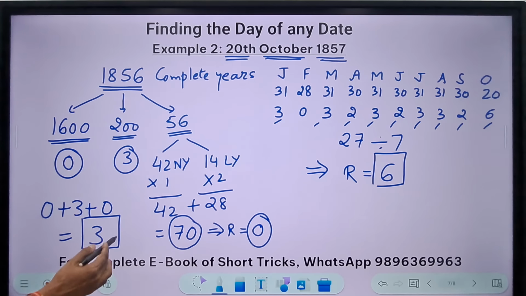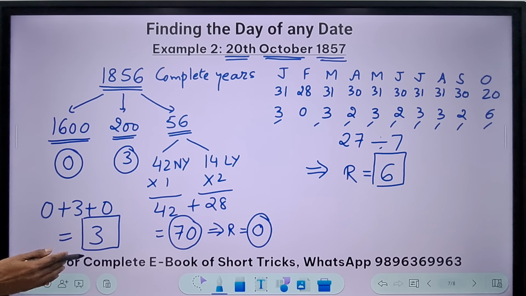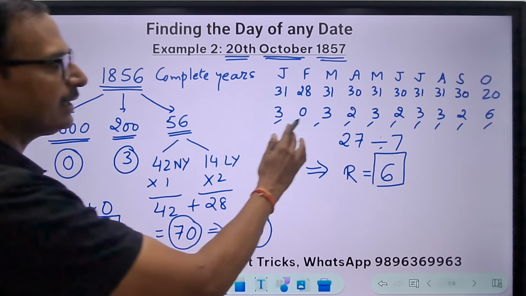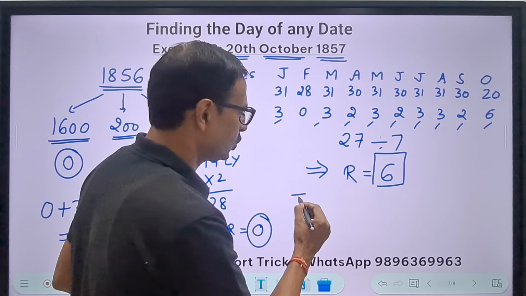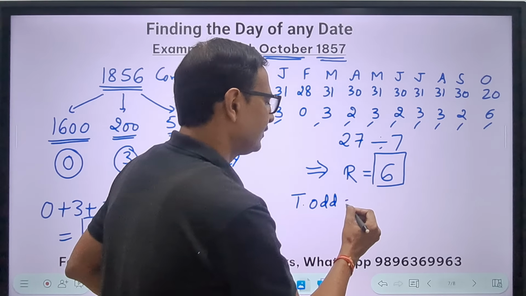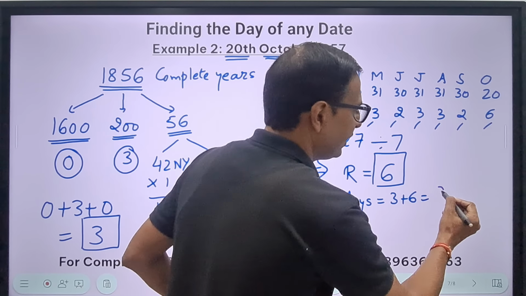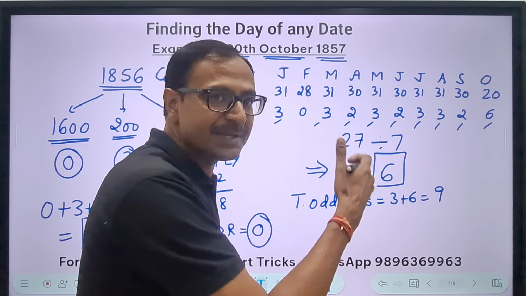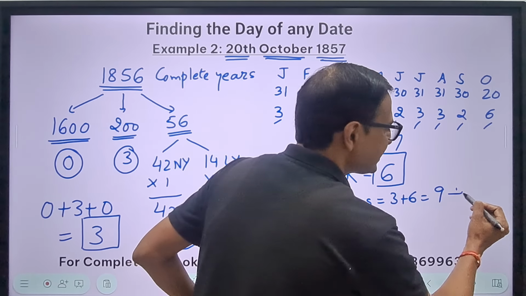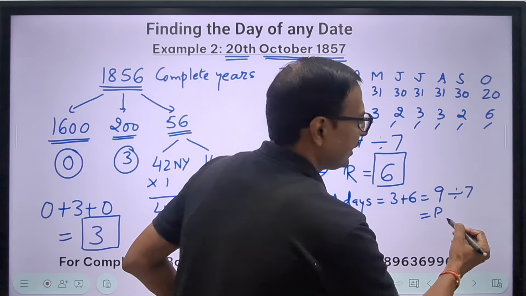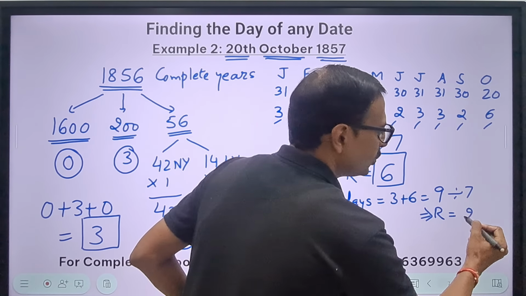Now let's calculate. For the complete year it was 3, and for the incomplete year it is 6. So total odd days up to the given date is 3 plus 6, 9. But again it exceeds 6. So you have to divide that by 7 and get the remainder. So remainder equal to 2.